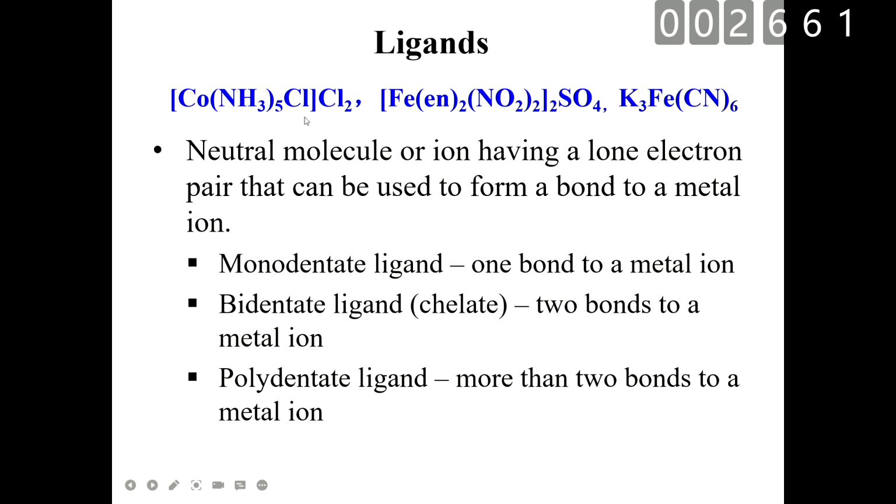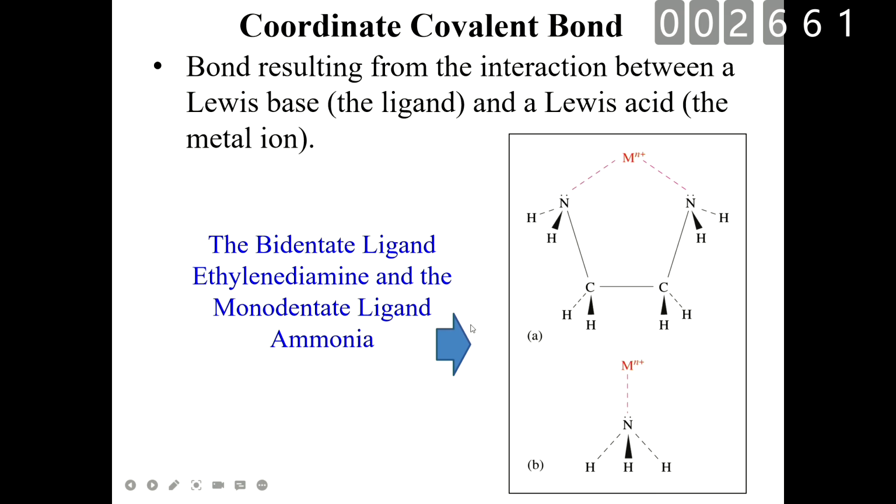Okay, but for en, we will see what en is. It can provide two pairs of electrons. So en is a bidentate ligand. Okay, for example, this is en.